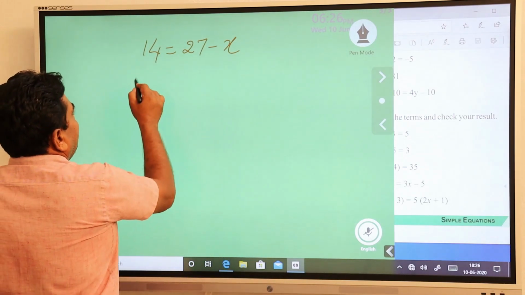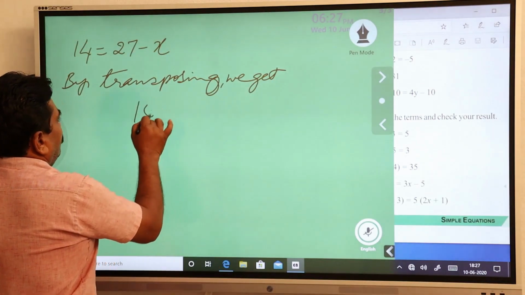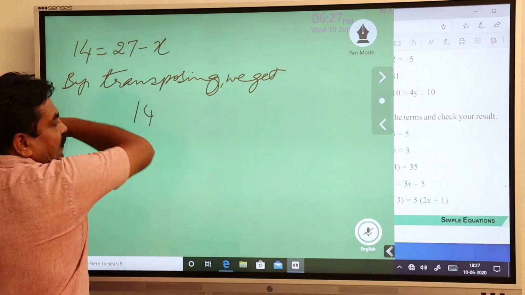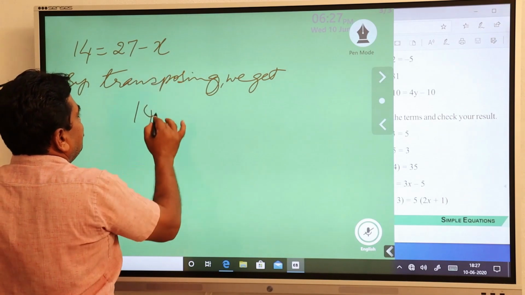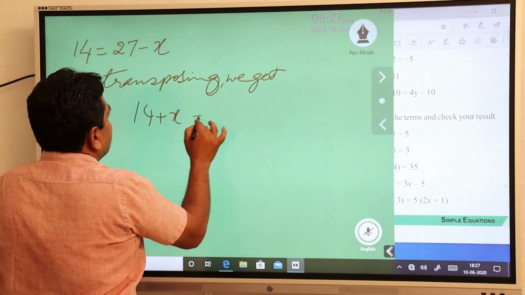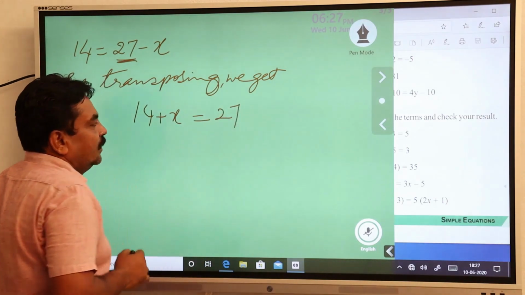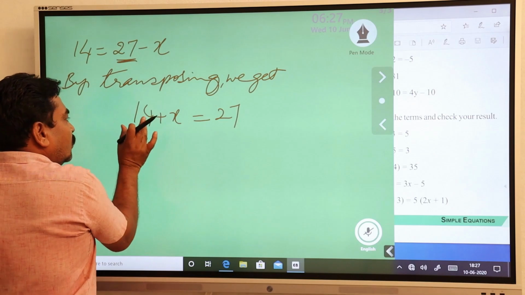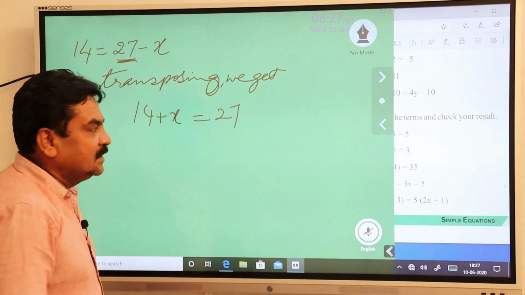By transposing, we get 14 minus x. When transposed from right hand side to left hand side, this minus x becomes plus x, is equal to what remains here, 27. Again, by transposing this plus 14 to the other side, it becomes minus 14.